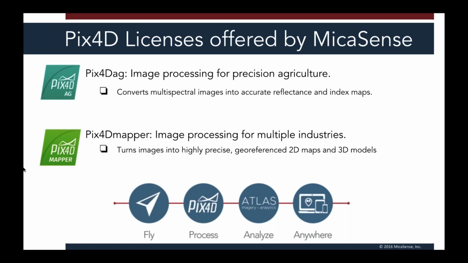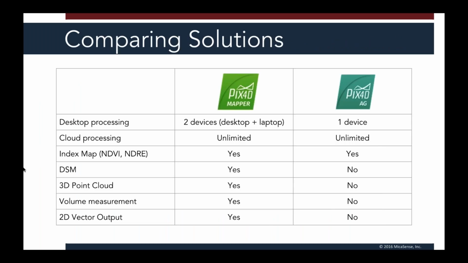Pix4D Mapper, on the other hand, has much more functionality. So if you're not just in the agricultural industry, but maybe you're doing survey work and mining as well, Pix4D Mapper is going to be more of a holistic solution for someone in that position.